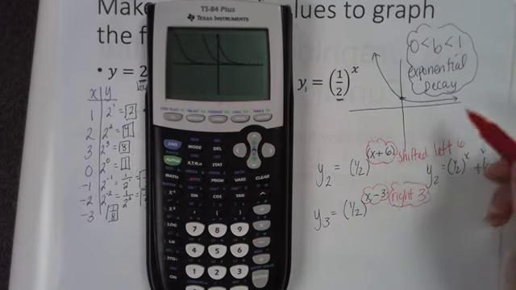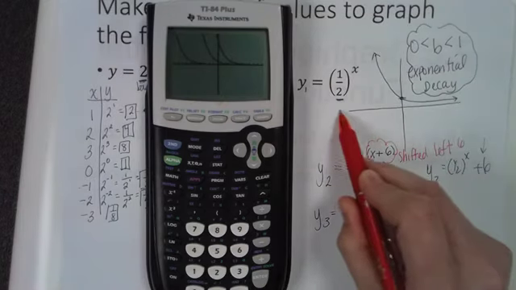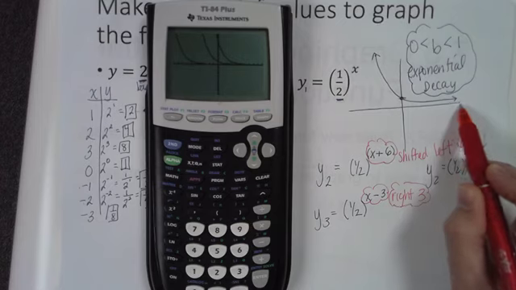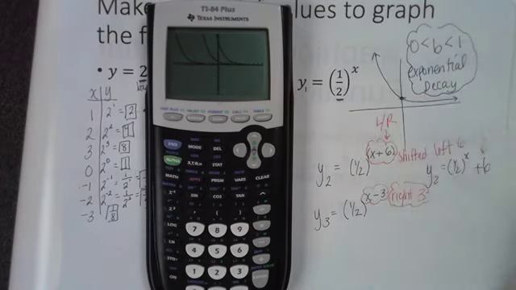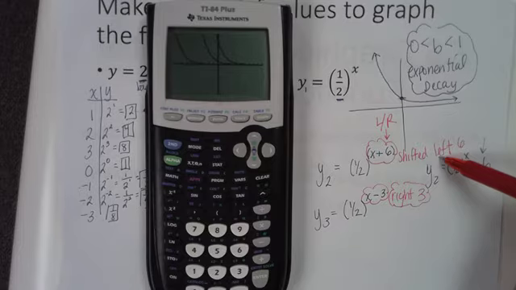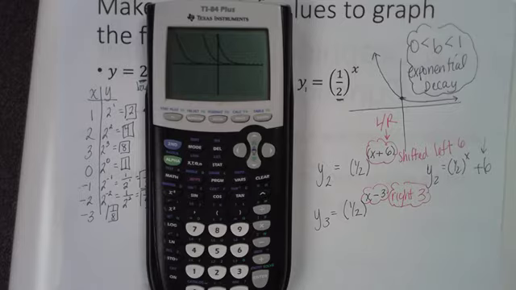That means it's going to shift the graph in the direction of the x-axis, and the x-axis moves left or right, okay? So a number with x shifts the graph left or right. X plus 6 shifted left. The minus 3 shifted right. So it's kind of opposite of what you might think, okay?